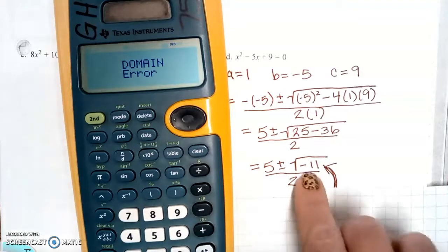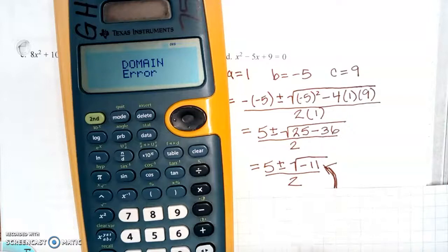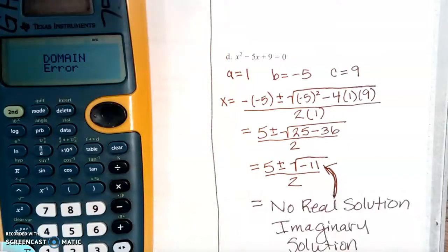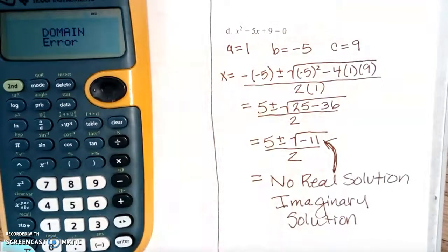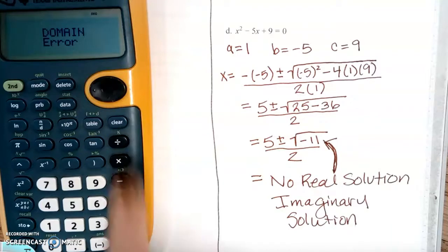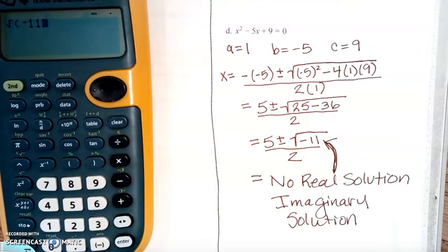You cannot have a negative number under that radical. It's no real solution. Okay? It would be an imaginary solution, which you don't know how to do yet. So for now, you just say no real solution, and you're done.